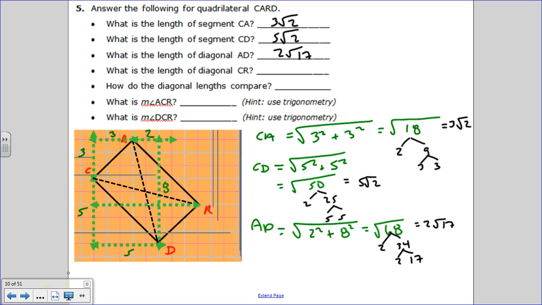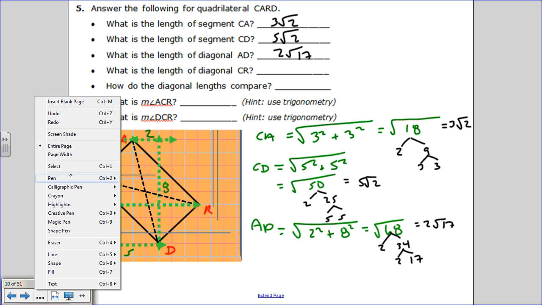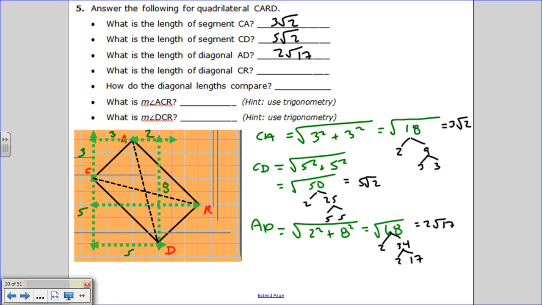So to get from C to R, you go downwards 2 and across 1, 2, 3, 4, 5, 6, 7, 8. So it's going to be the same as AD, which is 2 square root of 17, because the right triangle had the same sides, 2 and 8.